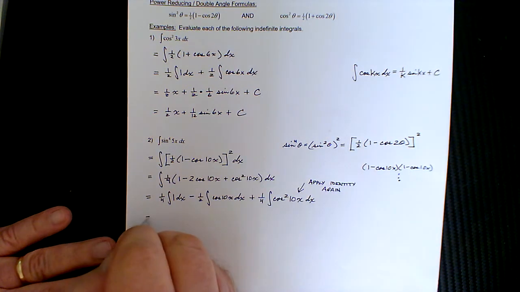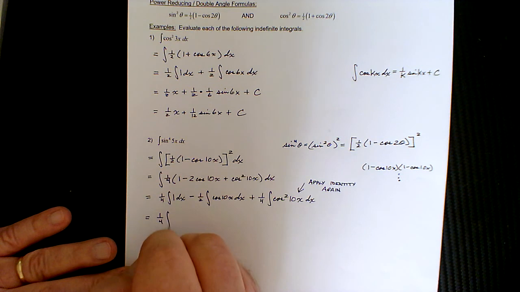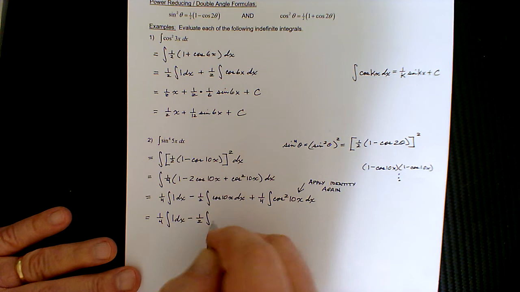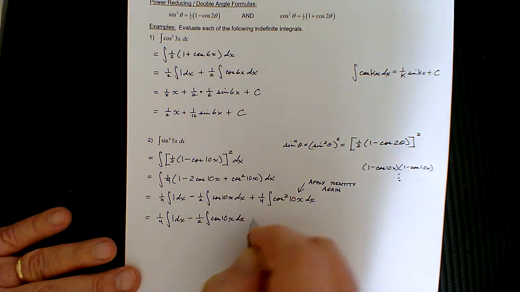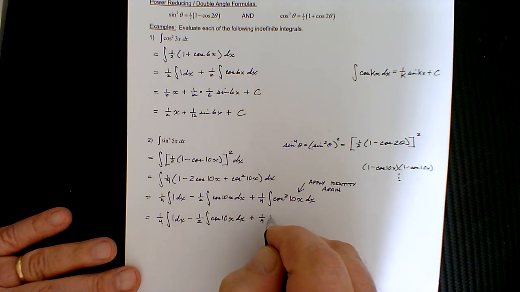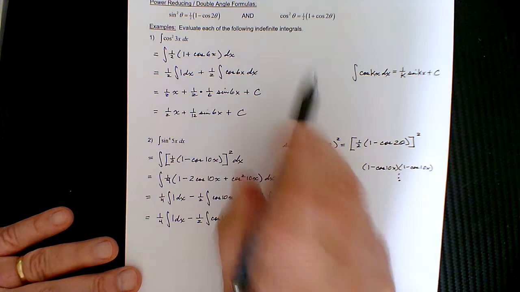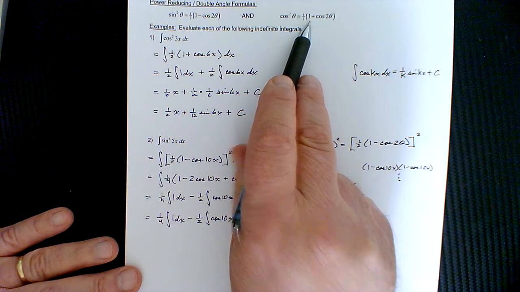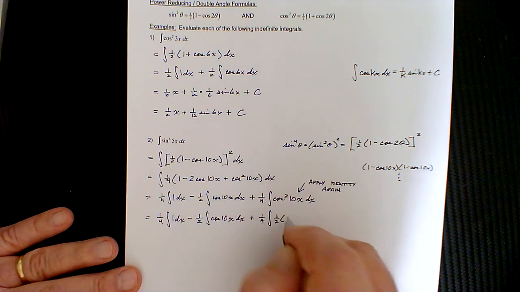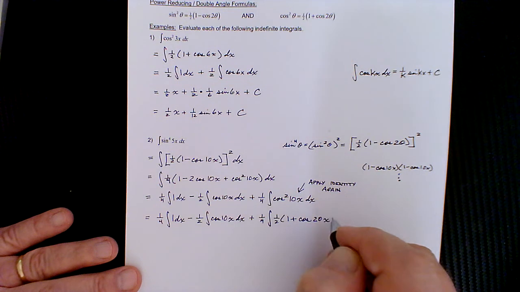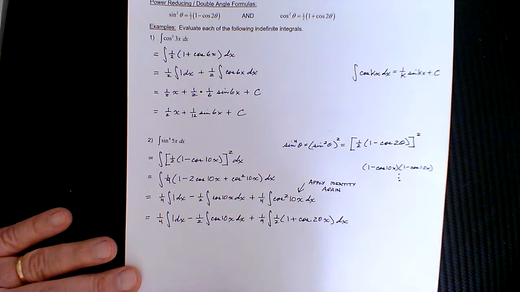Okay, so I'm going to save all the integrations for the end. 1/4 the integral of 1 with respect to x minus 1/2 integral cosine 10x with respect to x, just recopied. Then plus 1/4 integral, now the identity on cosine squared of 10x. It's 1/2 times the quantity 1 plus cosine of twice the angle, 2 times 10x, 20x with respect to x.